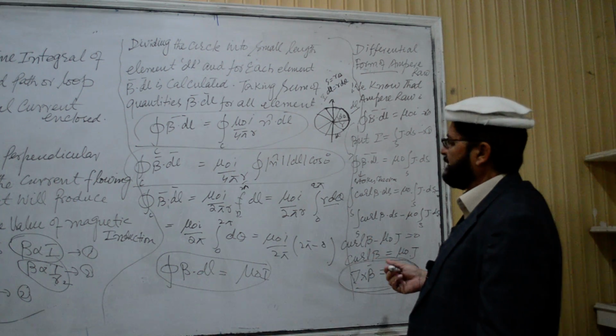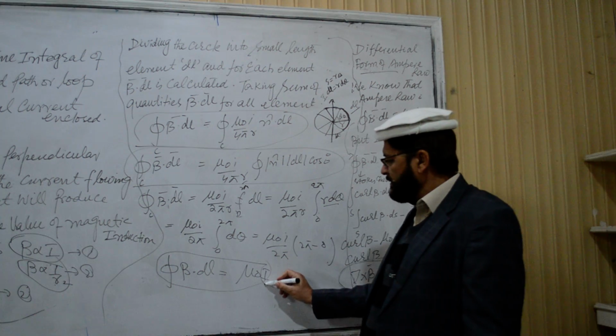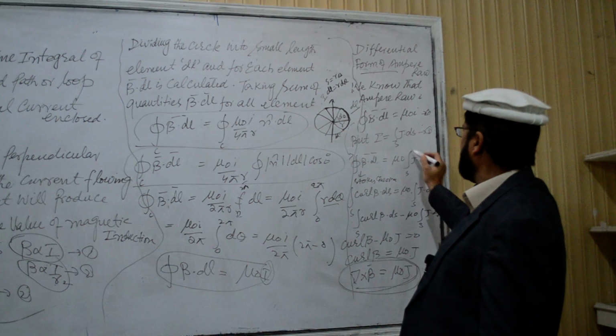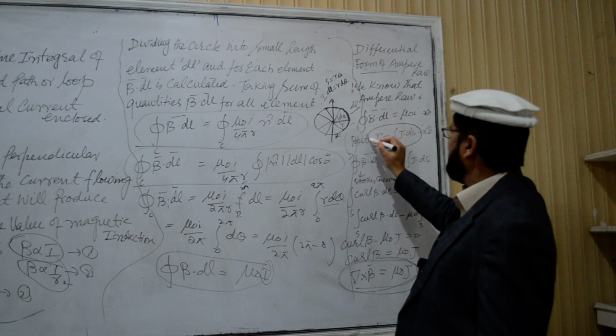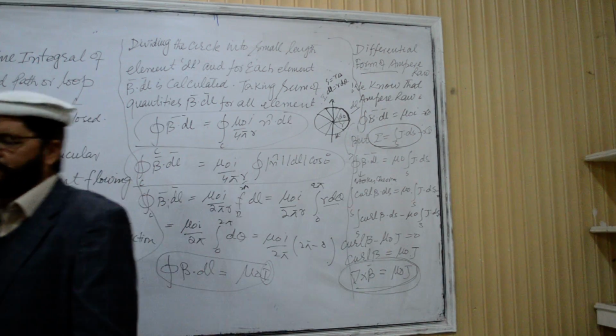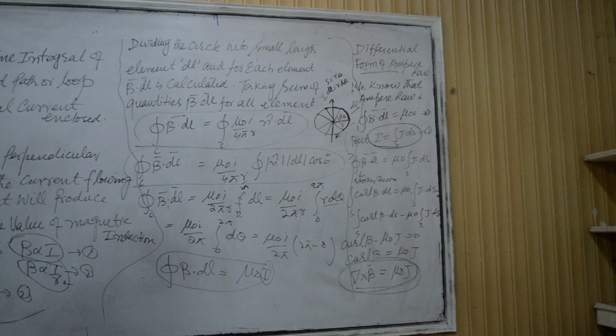Now what you have to do is take the value of I in this case. B dot dl is equal to I is equal to integral J dot ds, where J is the current density, and I is equal to integral over S of J dot ds.